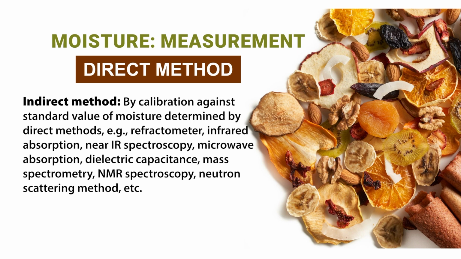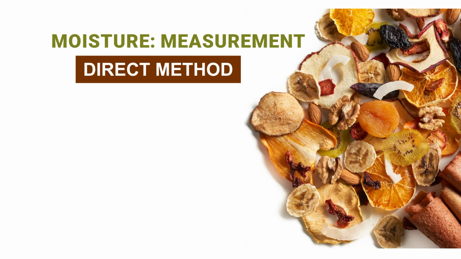You have an equipment which is calibrated, and there can be a number of them: you can have a refractometer, infrared absorption, near infrared, dielectric capacitance, mass spectrometry. All these equipment are already calibrated. So you take your sample, do the analysis and know what the moisture is. So, direct method, indirect method.